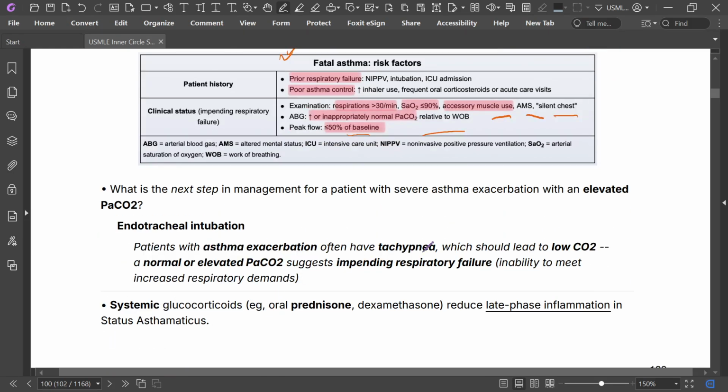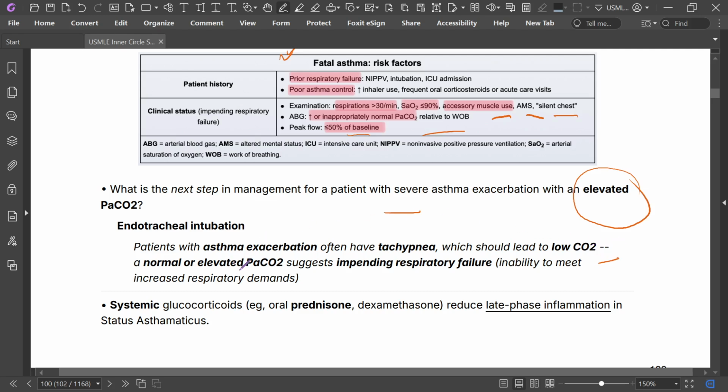Okay, what is the next step in management for a patient with severe asthma exacerbation with elevated PaCO2? Endotracheal intubation should be done. Patients with asthma exacerbation often have tachypnea, which should lead to low CO2.